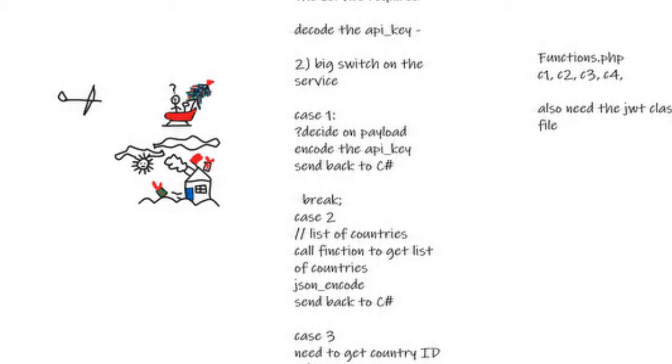So all you need to do here, you need to decide, or maybe you'll be given it in the payload. Then you need to just go and encode the API key. And then you just send that back. You echo that back. I'll just say send back to C# because that's where all the stuff was coming from in this case.